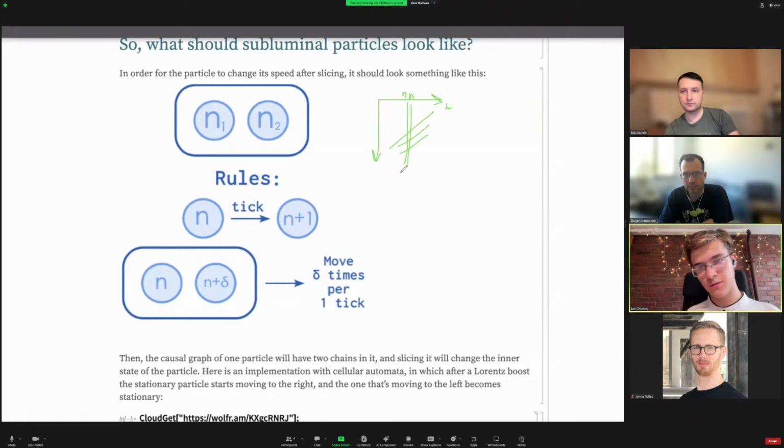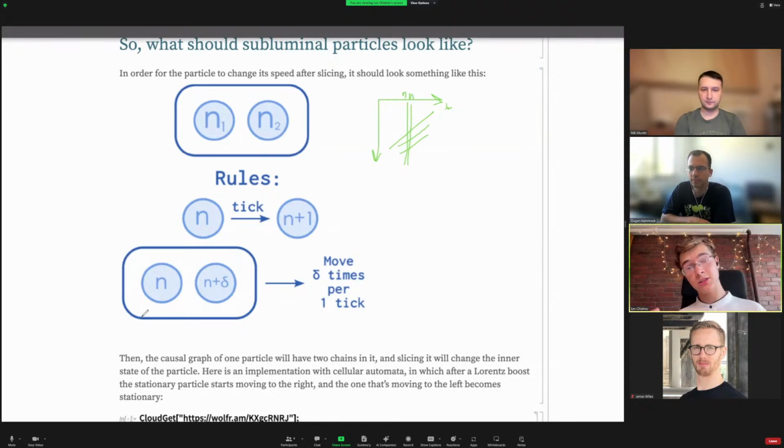Here we have two chains that both increment their corresponding number. Then we have another rule that when the numbers are misaligned, the particle moves. When we take a tilted slice, the numbers will start being misaligned. So if you take this state, the particle is going to be like n plus 1, and it is going to start to move.